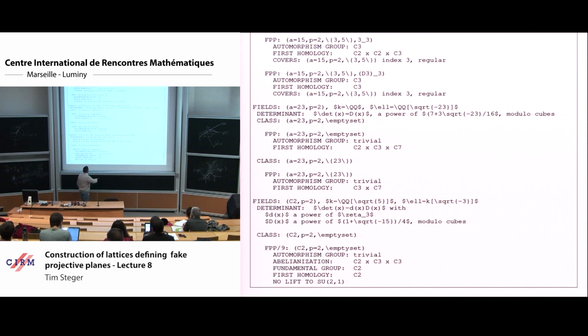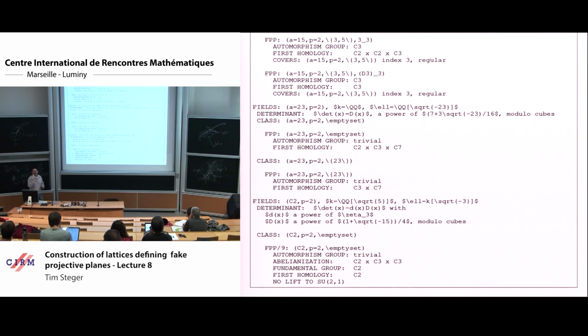There's actually a difference for the determinant here, which is not based on the fact that the space field is a little larger. It's based on the fact that we have the square root of minus 3. When you have the square root of minus 3, you have a cube root of 1. And this means that you've got an extra S unit, namely the cube root of 1.